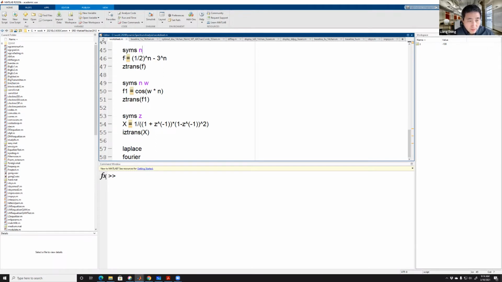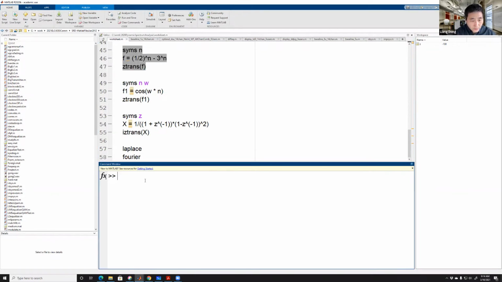Say this is my function: f is half to the power n, subtract 3 to the power n. That's exactly what we have. And then I want to find out what the Z transform is. So let me copy this into the command window and run it.